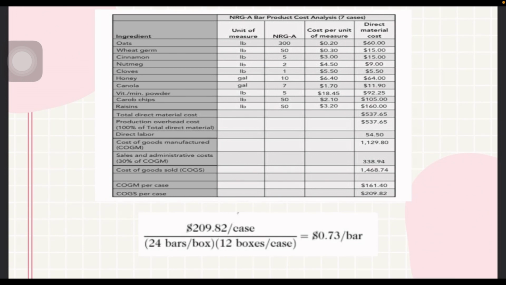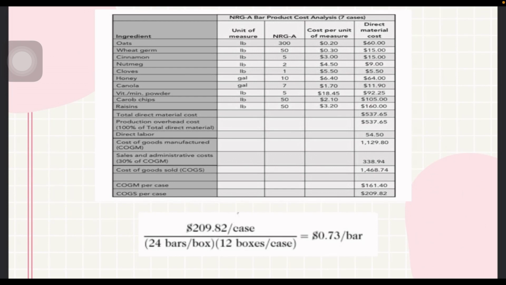Because the COGM and the COGS were estimated based on the BOM, or the recipe from Chapter 4 that produced 7 cases of snack bars, the figures must be divided by 7 to give the COGM and the COGS on a per case basis.